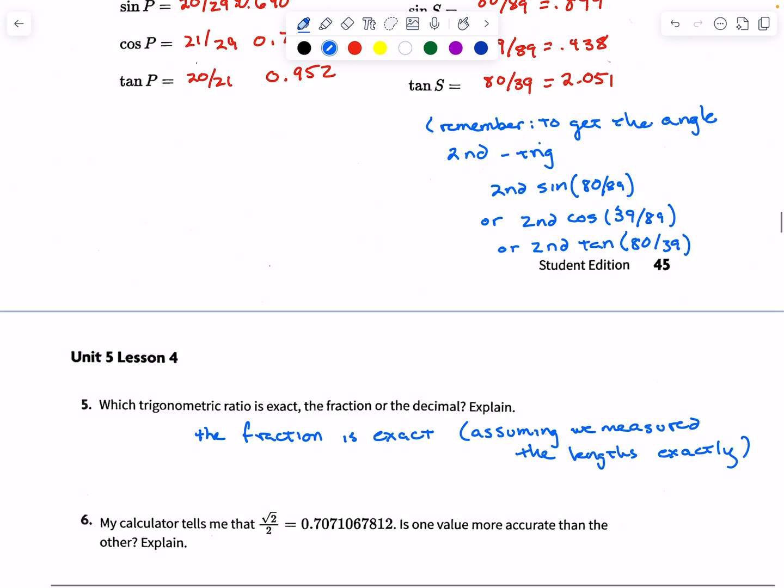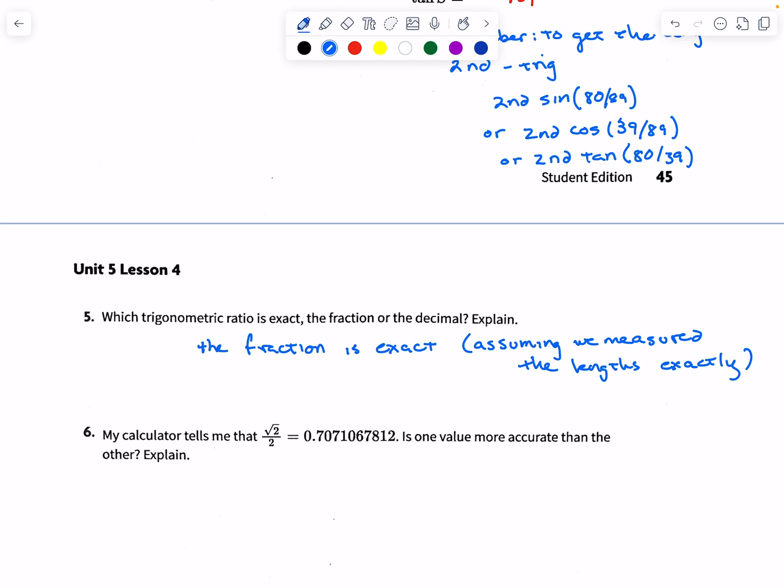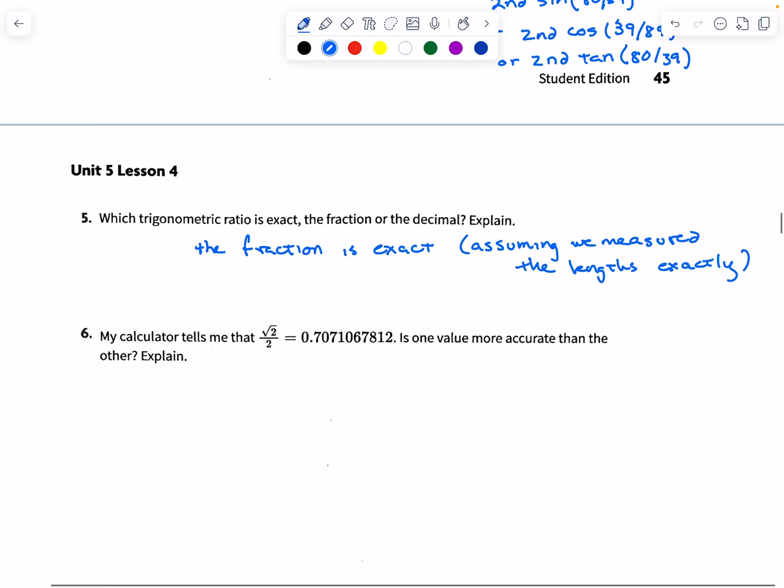The decimal is always an approximation. Root 2 over 2 is 0.7071 and so on. Well, of course, root 2 over 2 can be extended further.